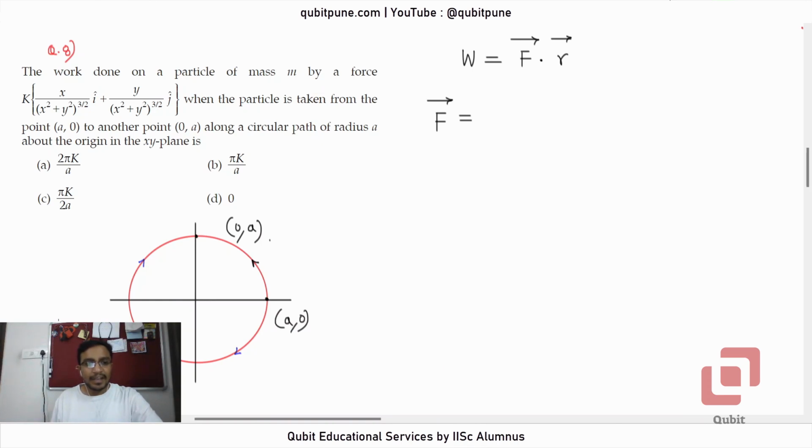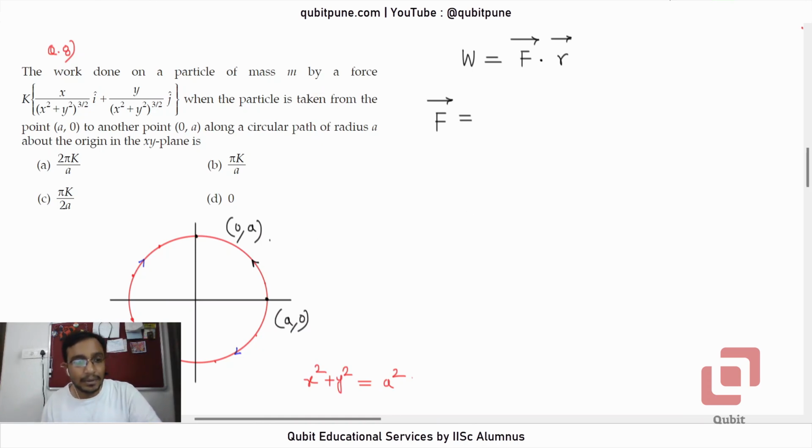Secondly, no matter what point I choose on this circle, what is going to be the value of x squared plus y squared for that? Is it going to be the same? Yes, it is going to be a squared, because of the standard equation of a circle.